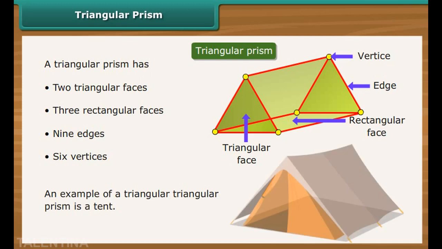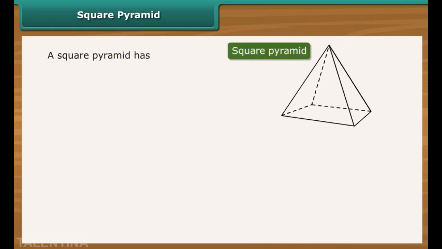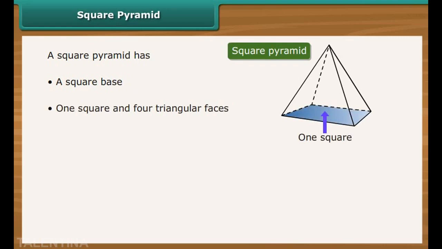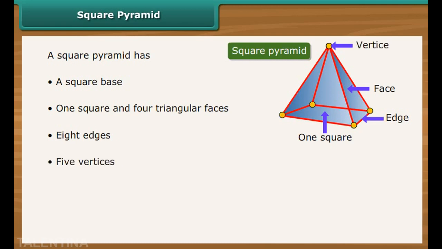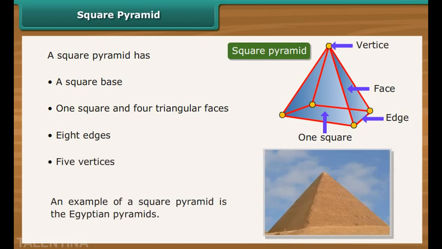An example of a triangular prism is a tent. Square pyramid. A square pyramid has a square base, 1 square and 4 triangular faces, 8 edges, 5 vertices. An example of a square pyramid is the Egyptian pyramids.